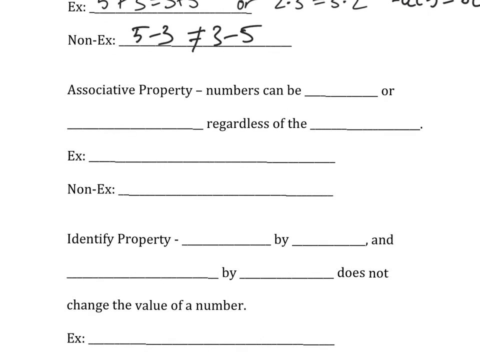Now the associative property tells us that numbers can be added or multiplied regardless of the parentheses. Okay, that means we don't really have to consider the parentheses if we're only adding or only multiplying.